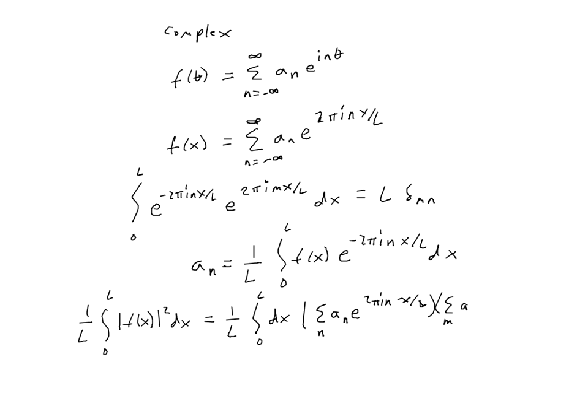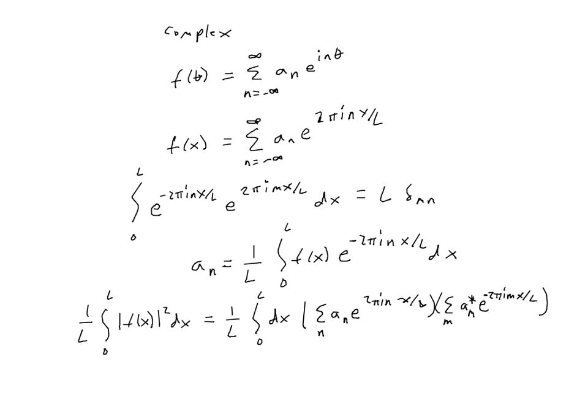And then we do the same thing, but we sum over m with the complex conjugate of that, e to the 2 pi I m x over L with a minus sign.